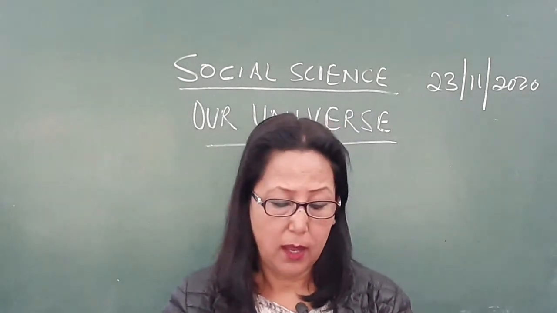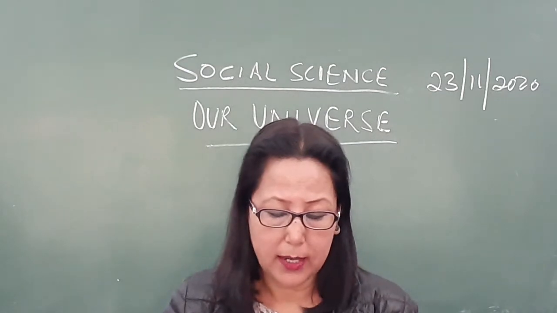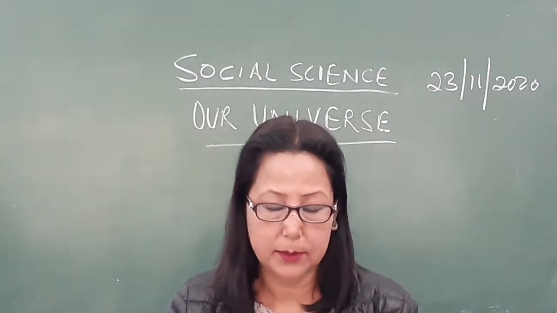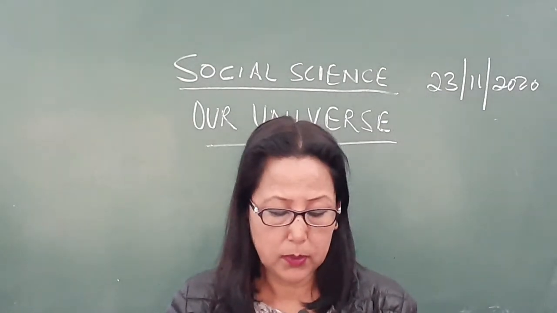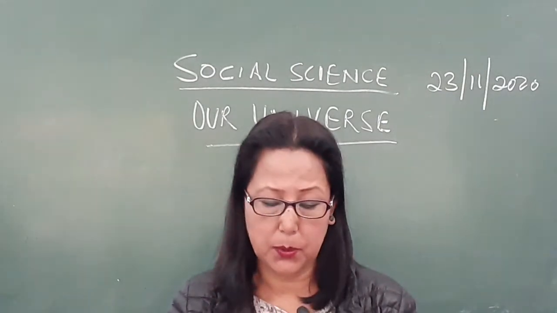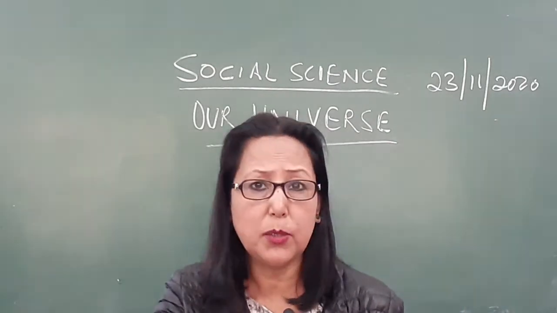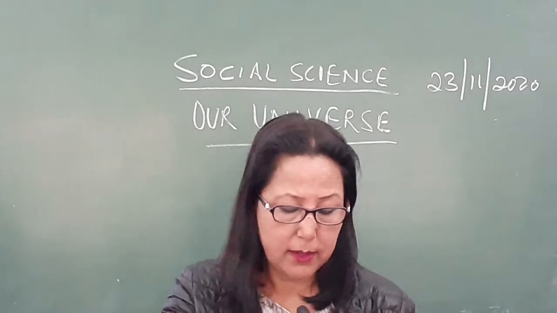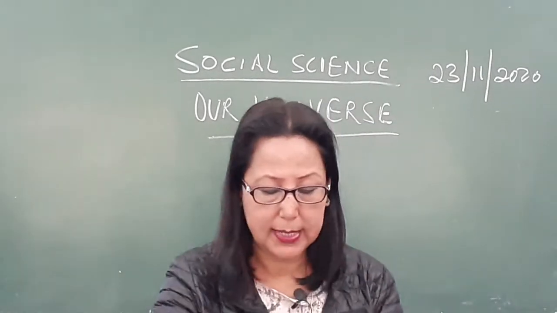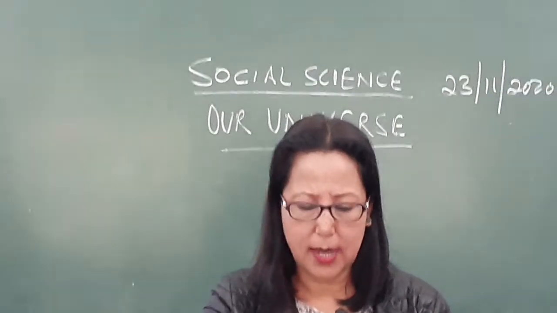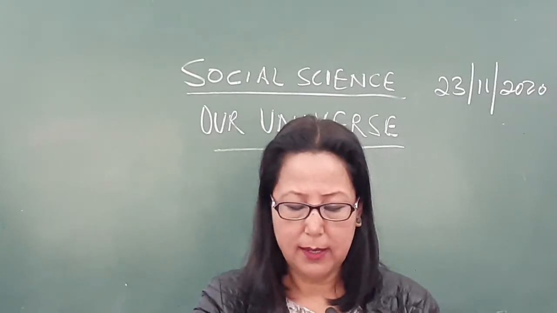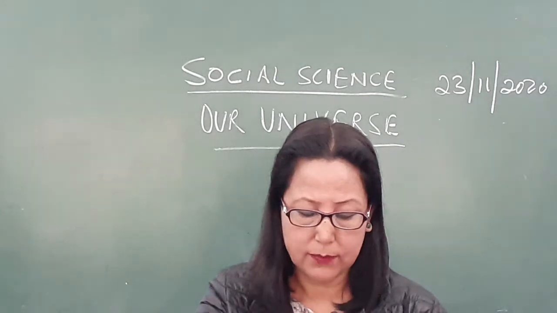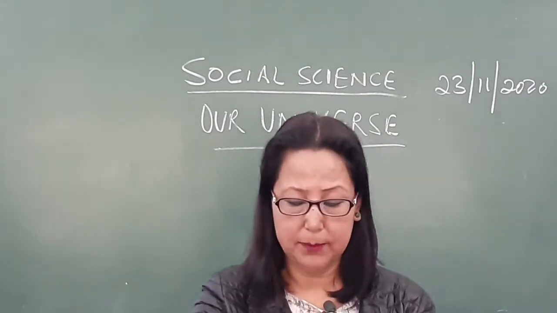Universe. When we look up at the sky, we see the sun, stars, clouds, and the moon. If you look at the sky through a telescope, you will see a huge, vast space. This is our universe. It contains thousands of stars gathered together in large groups or clusters that form a galaxy.